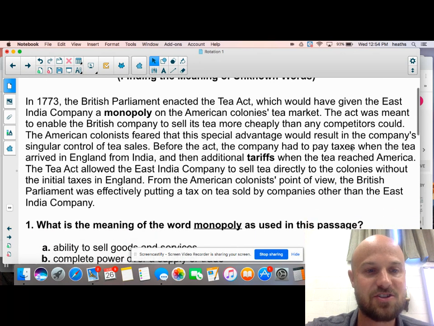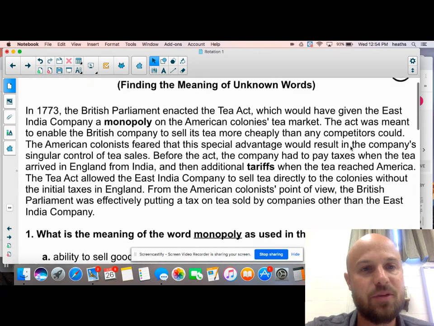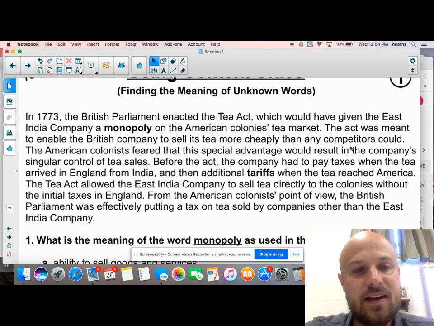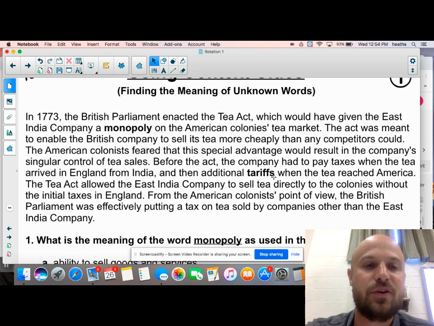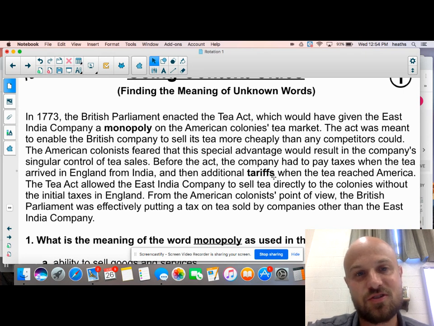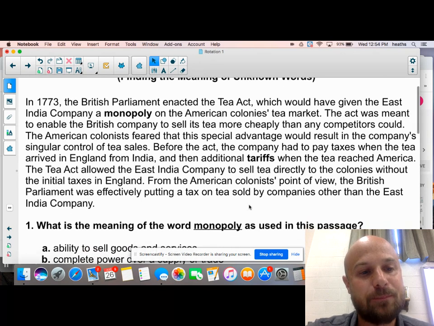Okay, so we actually have two questions related to this paragraph. Notice that the two words in bold are monopoly and tariffs. Maybe you already know what both of those are, but if not, we're going to work on using context clues, which are those clues throughout the paragraph that a lot of times will tell you what those words mean.